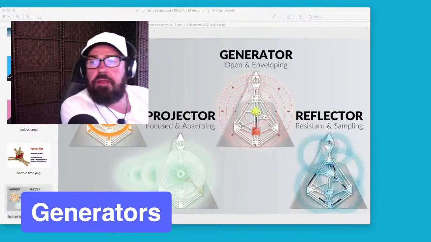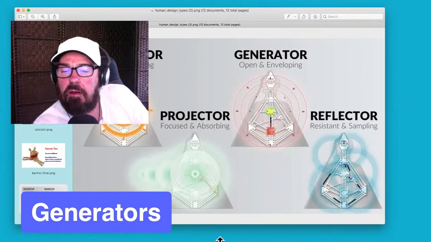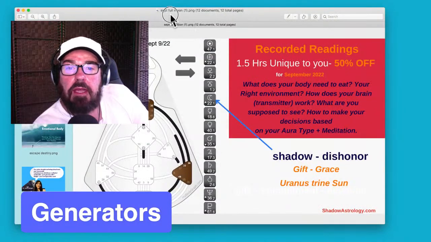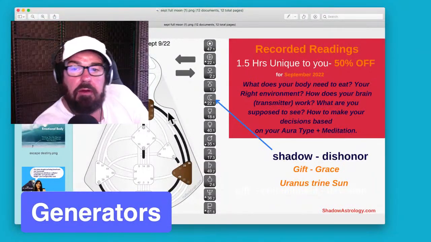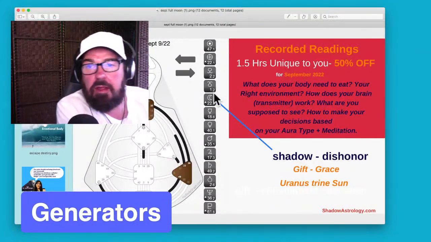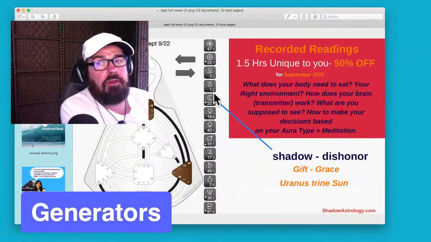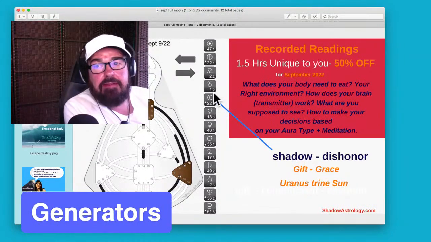So with that, I just want to bring up the chart again. With that channel of transitoriness that we see there, it's really calling us for new experiences. So generators, you want to be making sure that you're checking in with your sacral, that it's saying yes, right?